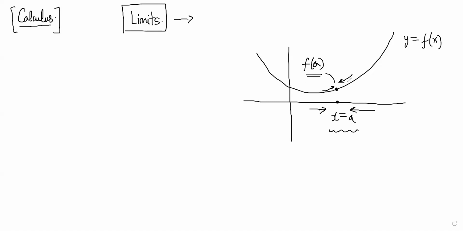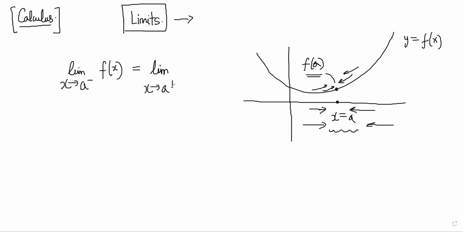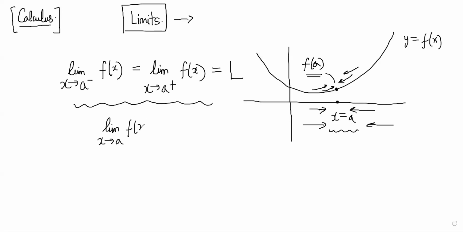So that is the limiting value, if from both sides you are approaching the same value. Okay? So if you say limit of x tends to a minus f of x is the same thing as limit of x tends to a plus f of x, and that is equal to some value L. If this is true, then we say that limit of x tends to a f of x is equal to L.